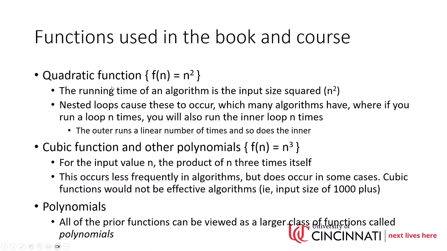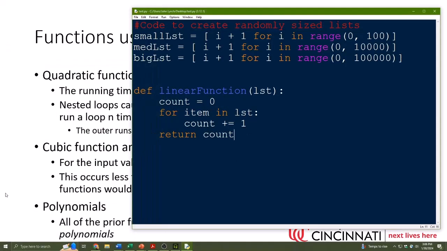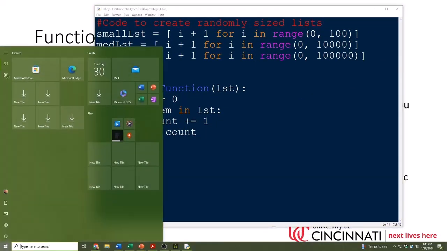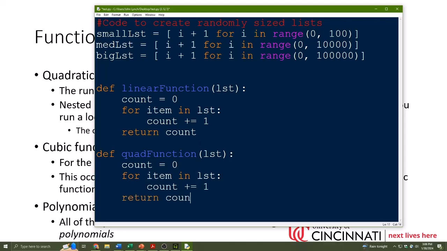And what this says to us is that for whatever input of f of n we have, we get n squared back. So what would this actually look like inside of our code here? I'll go ahead and try to create this for us. I'll do something like a quad function, and this will take a list. Then I have my count equal to 0, and I say for item in list, and then I'll just go ahead and copy down the same code from earlier.